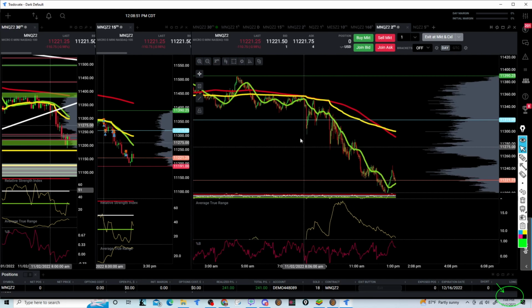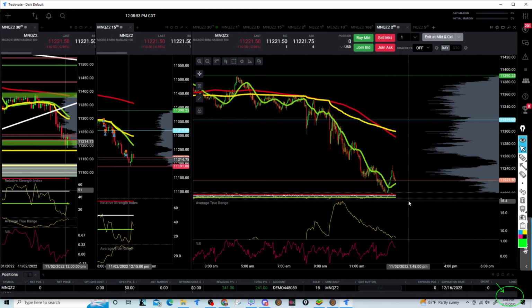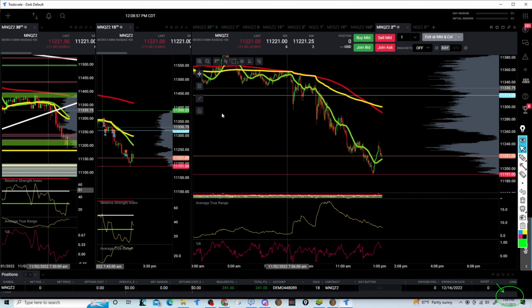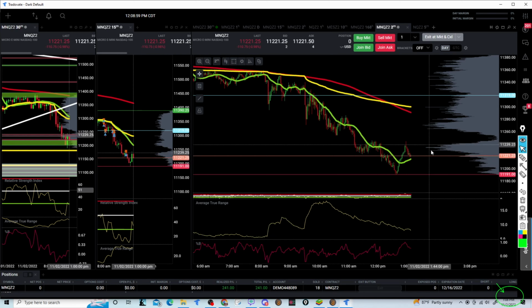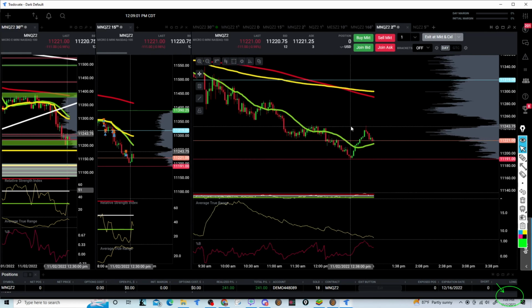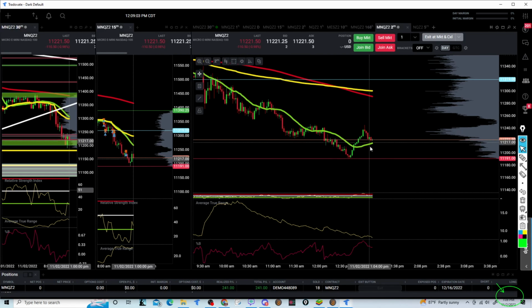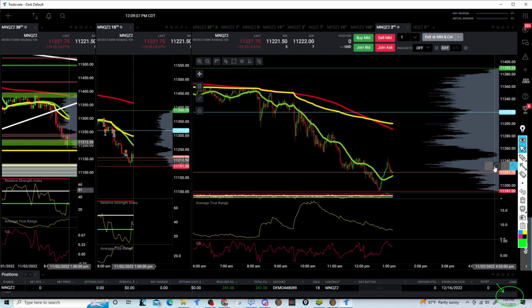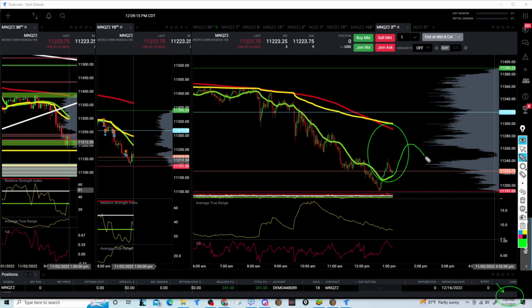All right, let's see what we made. So we went from 11,390 to 11,190. So a 200-point move to the downside so far, all right? The 20-period moving average is starting to curve. All right, remember, when you get space between the 20 and the 200, even though they don't like each other, they do like to come back and say hello.